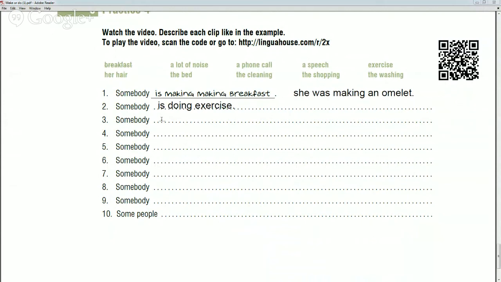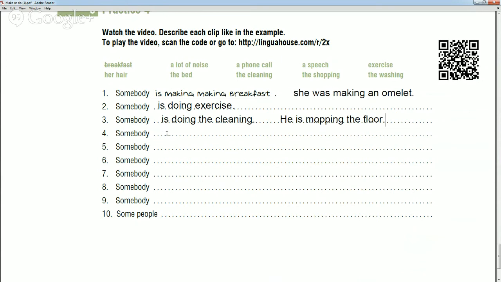Okay. Cleaning up the floor. Yes. Or if we didn't want to use make or do, we could say we assume he is mopping the floor. So that would be if you didn't want to use make or do.